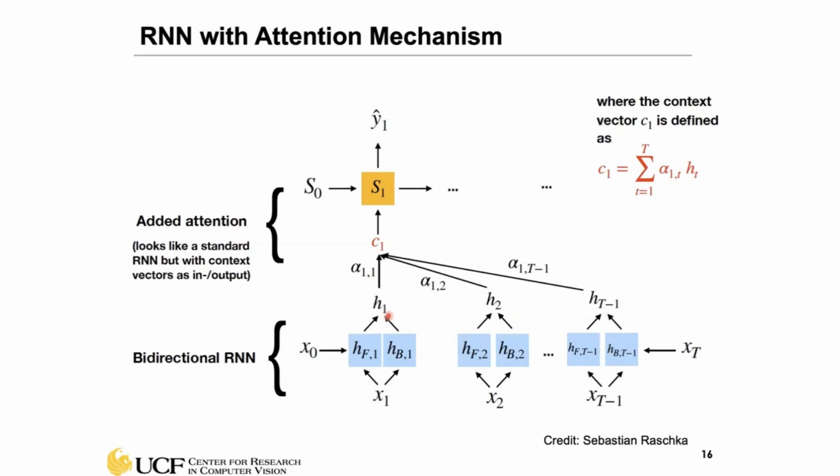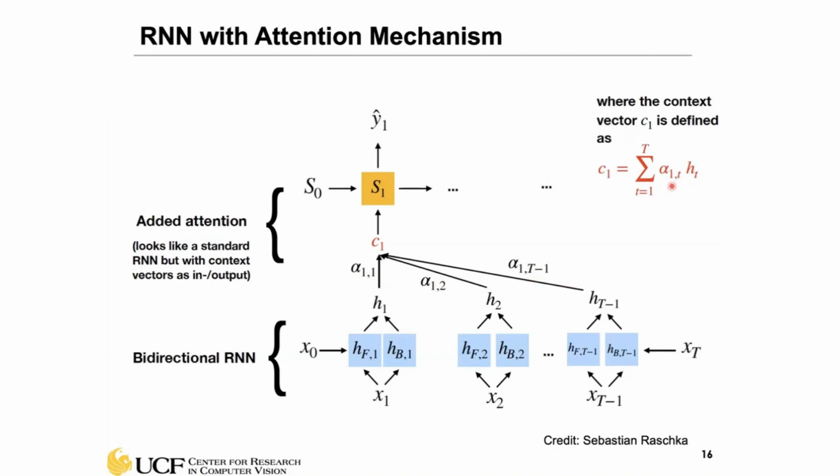We have these hidden states H1, H2 to HT minus 1. And then based on these hidden states, we generate the attention weights, right? So how much we have to weigh these representations or embeddings. So we have alpha 1, 1, alpha 1, 2, and alpha 1, t minus 1.